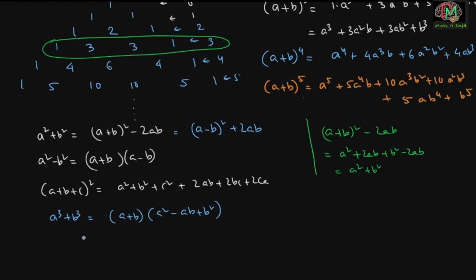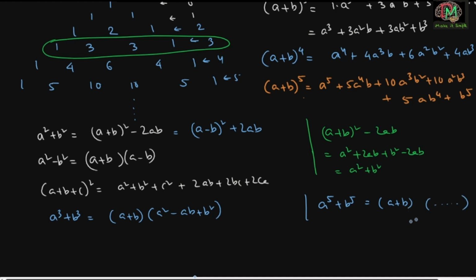Here you must remember, when the power is odd for both terms, then one factor is a plus b. Here means if it is a to the power 5 plus b to the power 5, there is a factor of a plus b, and consider the quotient.